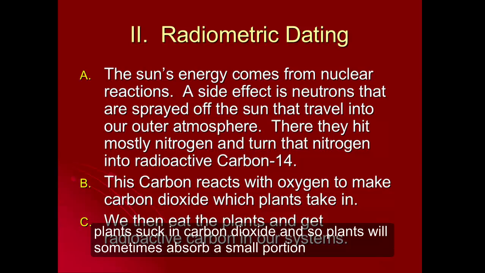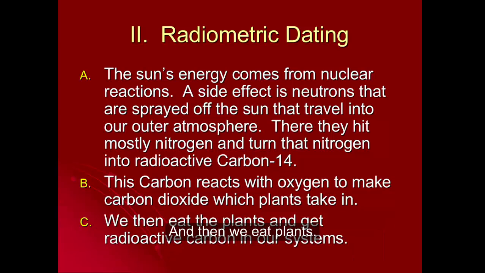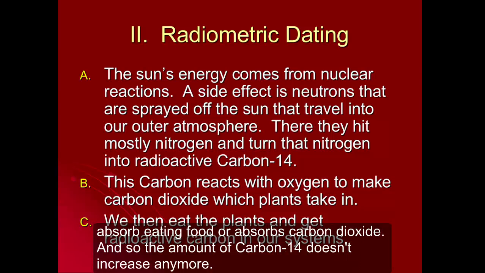Plants suck in carbon dioxide, and so plants will sometimes absorb a small portion of carbon dioxide that has carbon-14 from the atmosphere. And then we eat the plants, or the animals we eat the plants. And once an animal or plant is dead, it stops eating food or absorbing carbon dioxide. And so the amount of carbon-14 doesn't increase anymore.